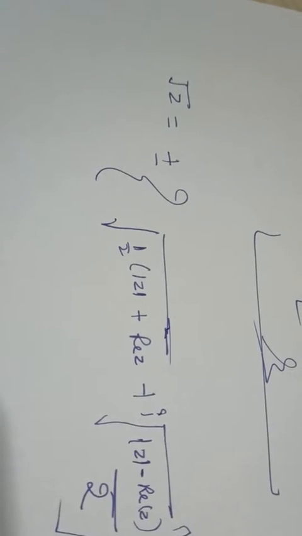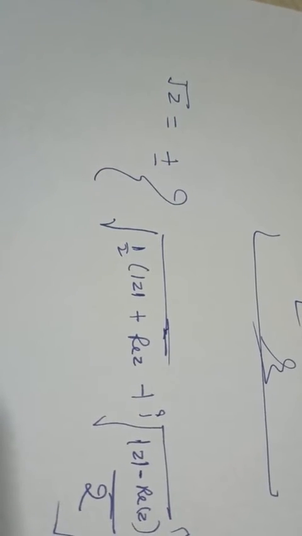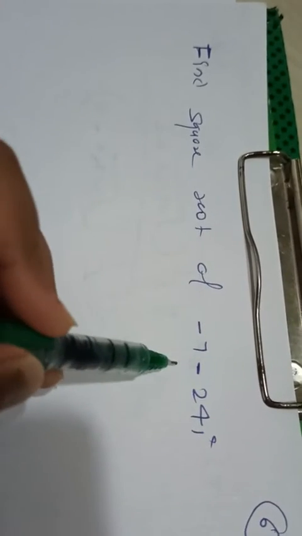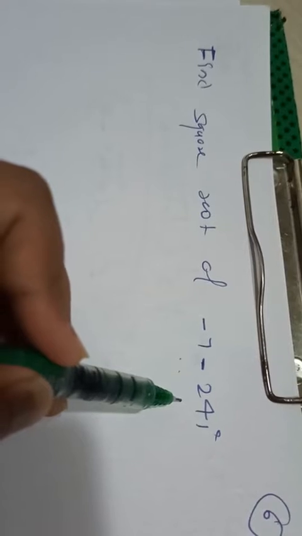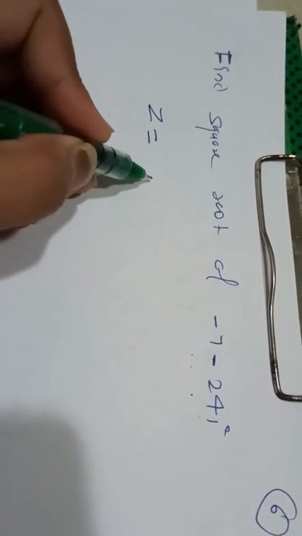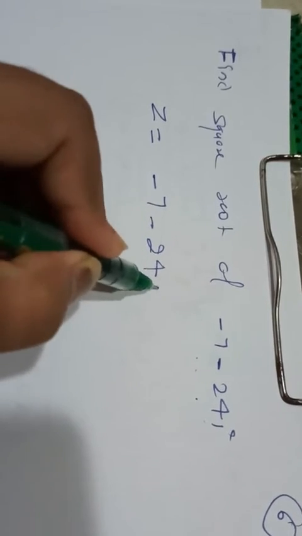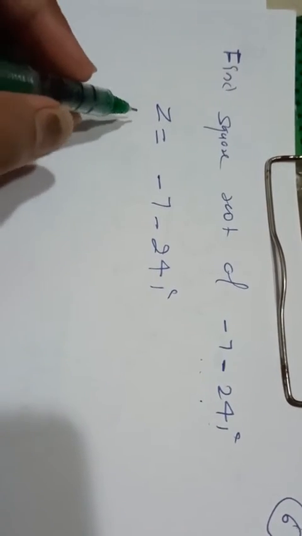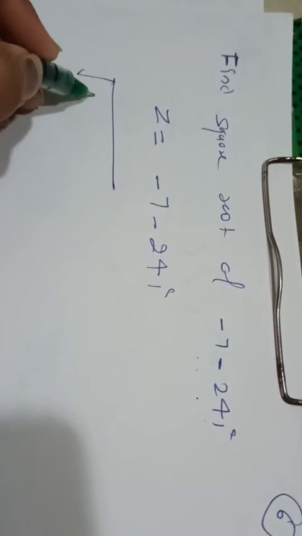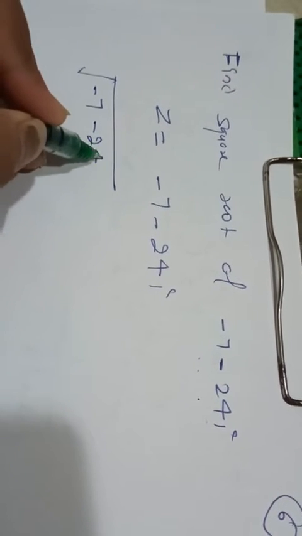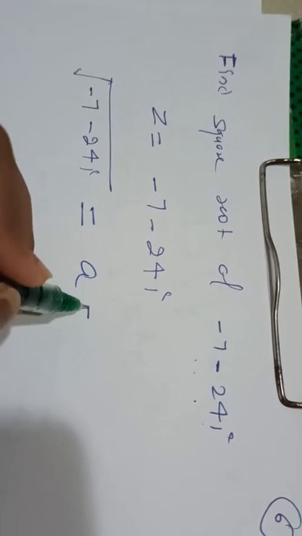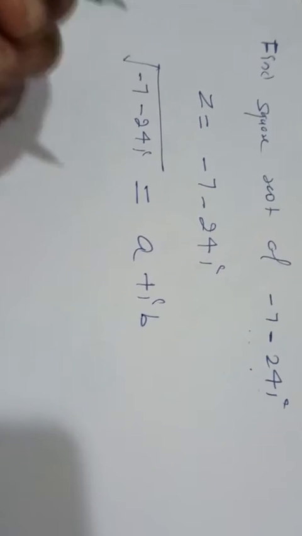So let's do an example to make it more clear. Suppose we have a question, find square root of minus 7 minus 24 iota. So let my complex number be z, minus 7 minus 24 iota, and we have to find square root of this number. Let this value be some a plus iota b.